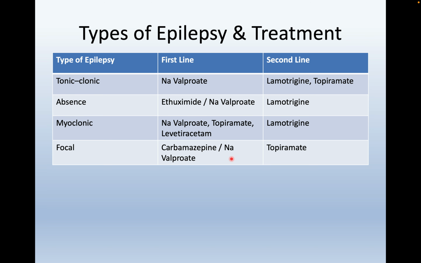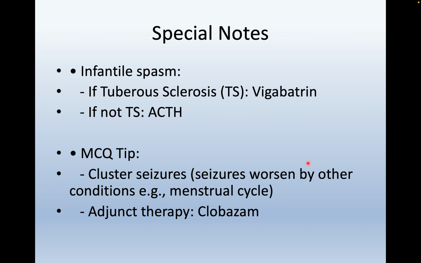Focal epilepsy, you could use carbamazepine, sodium valproate, and topiramate. A special note: if it is infantile spasm or West syndrome related to tuberous sclerosis, we should treat it with vigabatrin. Vigabatrin, don't forget it. If not related to tuberous sclerosis, we give ACTH. Okay, and to memorize, it's coming more commonly, especially in past test examinations.